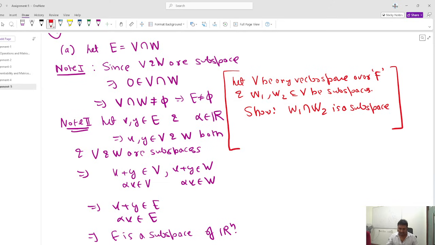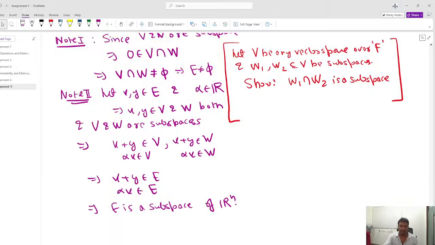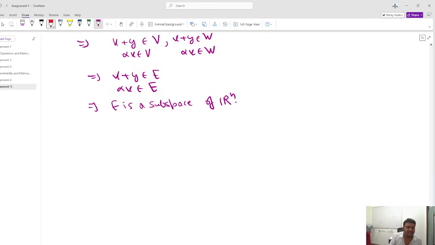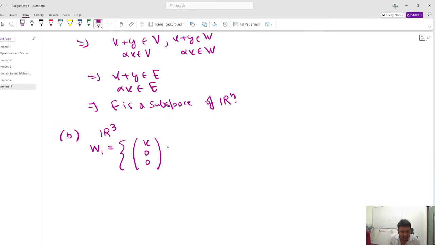Now, let us proceed to the union part. So next, sir is asking, is the union necessarily a subspace? Let me tell you, in fact, it's not true. Let me take some examples. Let's take R3 in particular and define W1 as the set of (x, 0, 0), x in R. So this is a subspace, right?